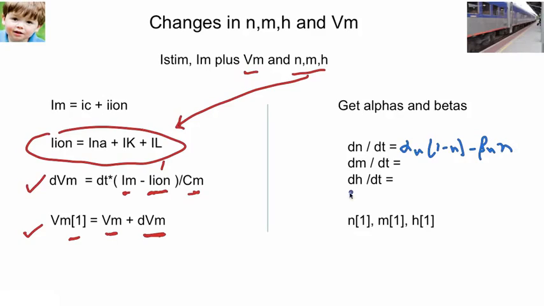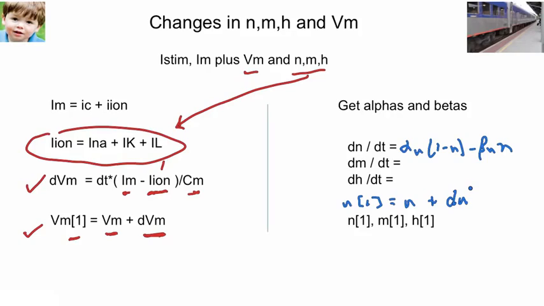Then we will say n1 equals n, that is to say the old value of n, plus dn. We can do the same thing for m and for h.